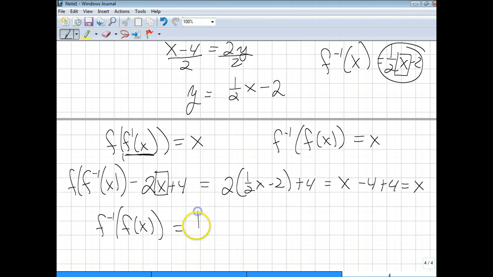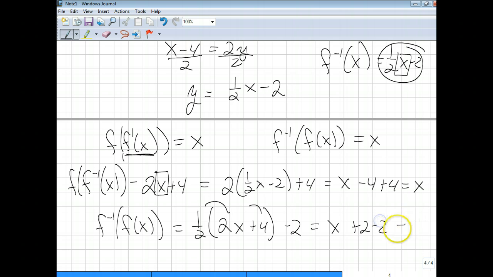So it's going to be 1/2 times (2x plus 4) minus 2. So distribute the 1/2. It's going to be x plus 2 minus 2 equals x. They both come out to x, so that proves that they are inverse functions.